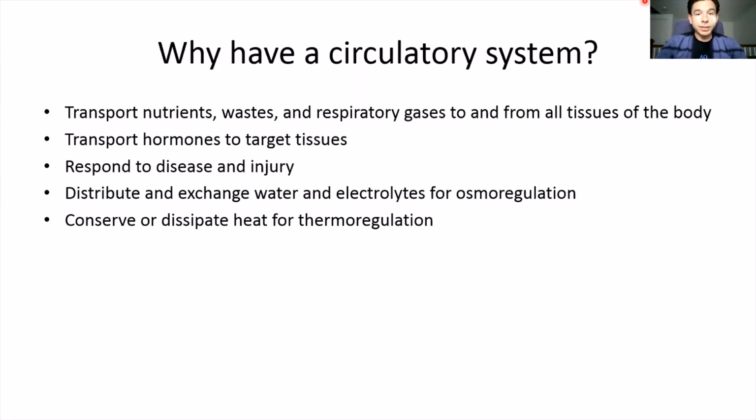It distributes and exchanges water and electrolytes for osmoregulation. And it conserves or dissipates heat for thermoregulation. So I hope that you see clearly how the circulatory system is one of the ways that many organisms maintain homeostasis.